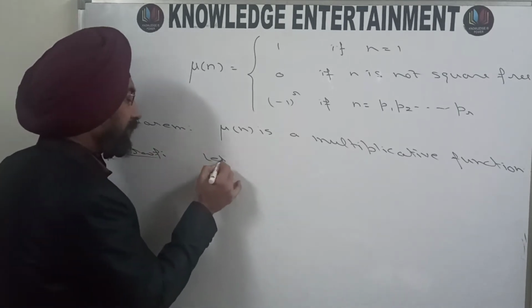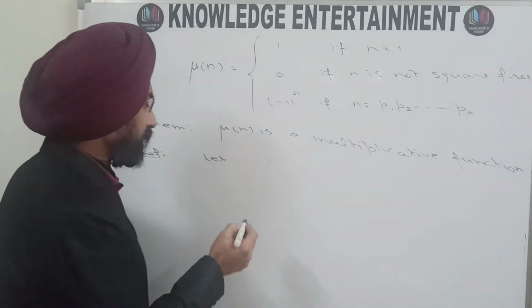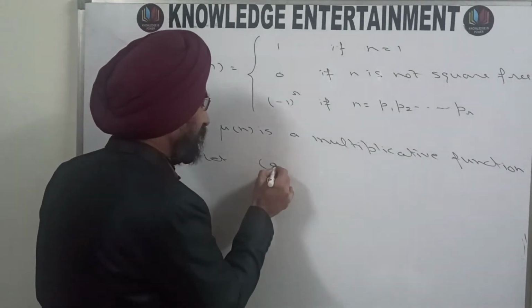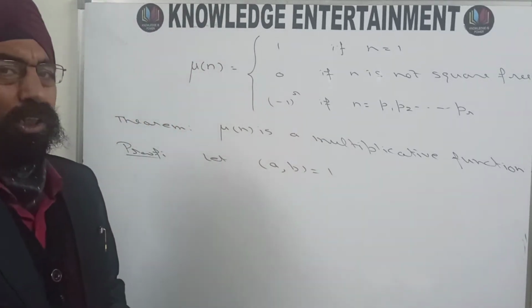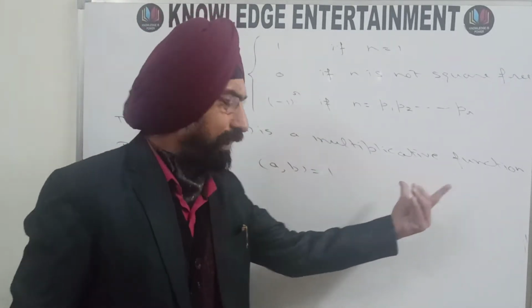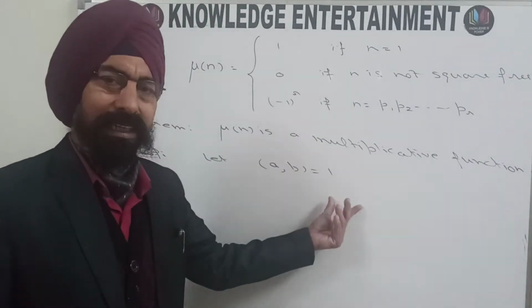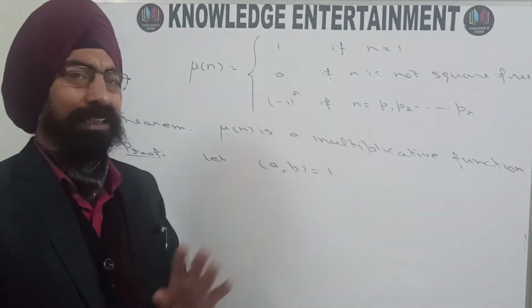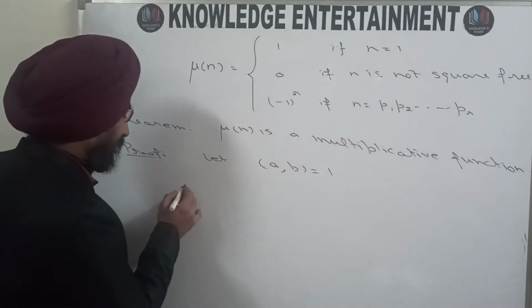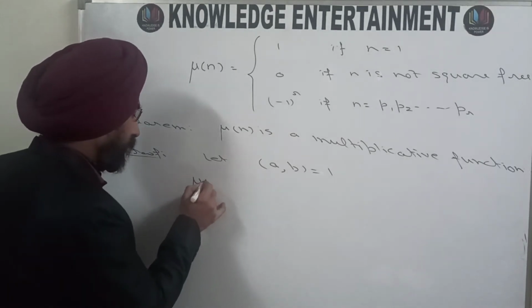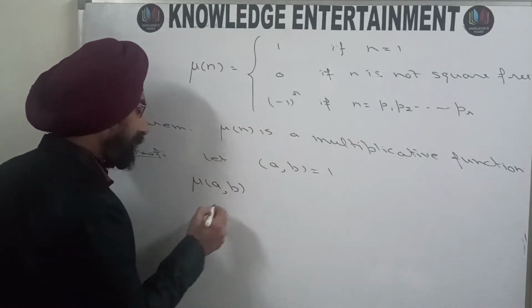Let a and b be any two natural numbers such that their GCD is equal to 1. Because for a multiplicative function, we take a, b with GCD 1, and then we will show that mu AB is equal to mu A into mu B. So let us see mu AB. There are two possibilities.